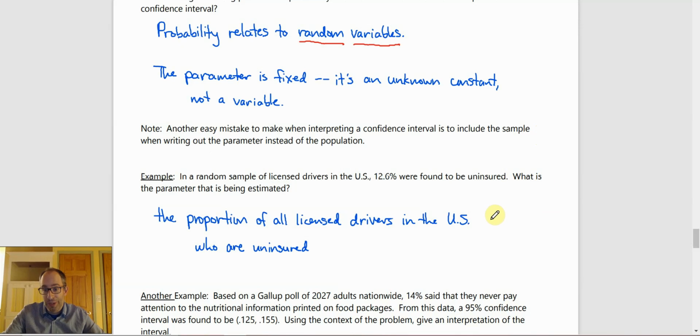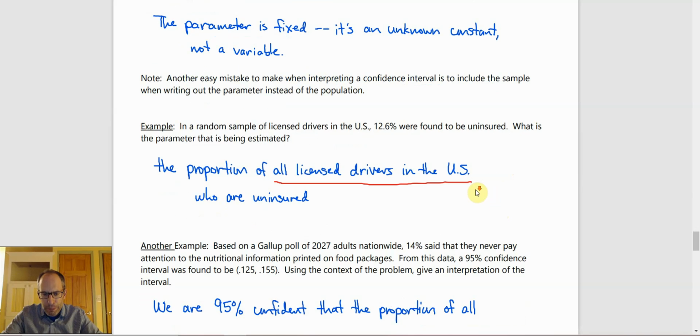That's the statistic, right? That's 12.6% written out in words. So just watch for that. Make sure it applies to the population, not the sample. But the parameter being estimated, right, it should relate to all licensed drivers in the US, right? That's our population. All right.